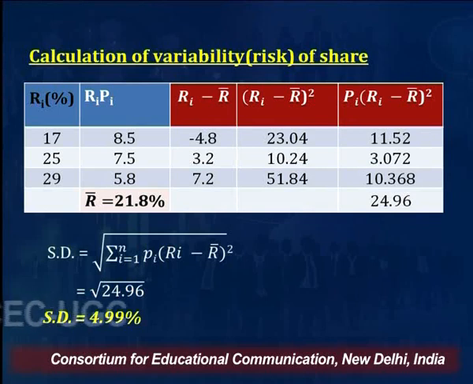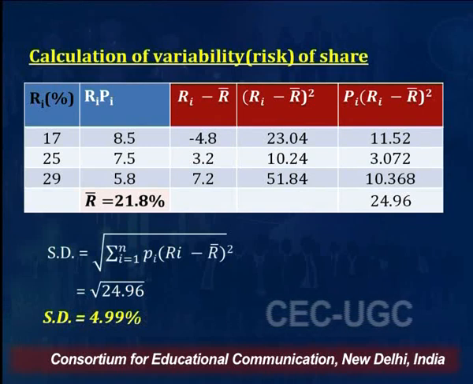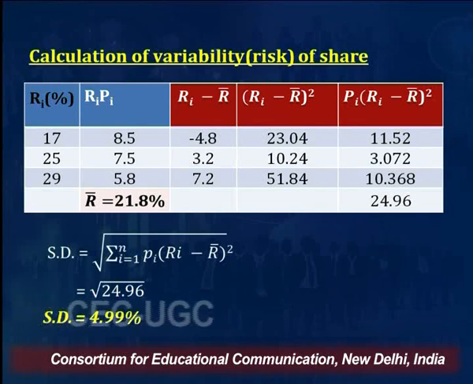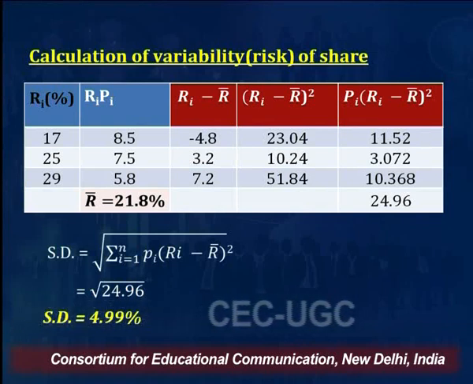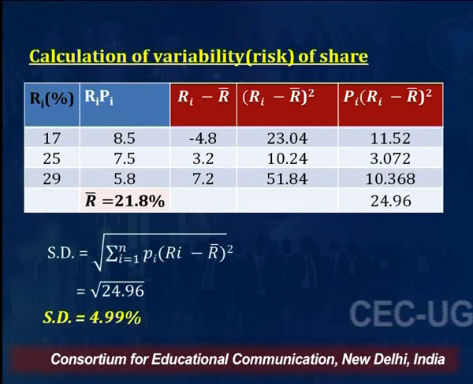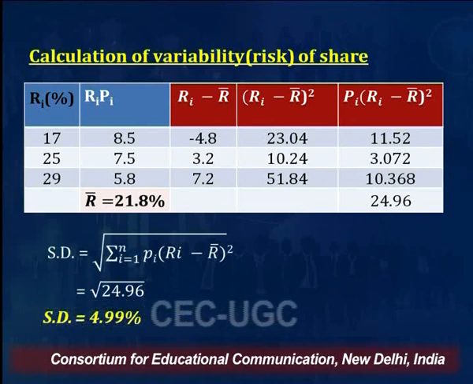So for all these three expected returns, you make the whole square of it. So minus 4.8 multiplied by minus 4.8, it comes to be 23.04. 3.2 multiplied by 3.2, it comes to be 10.24. 7.2 multiplied by 7.2, it comes to be 51.84, right?